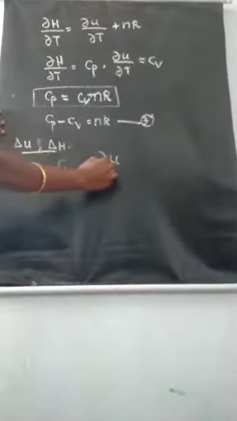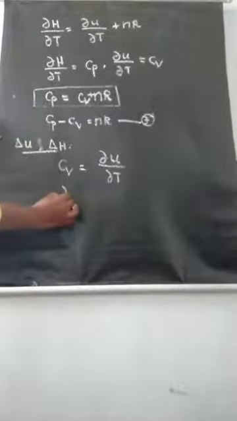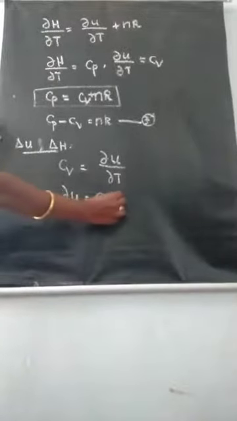Separately take CP and CV. First take the CV formula. CV is equal to dou U divided by dou T. From this, dou U is equal to CV into dou T. Dou and delta are similar, so instead of dou you can take delta.